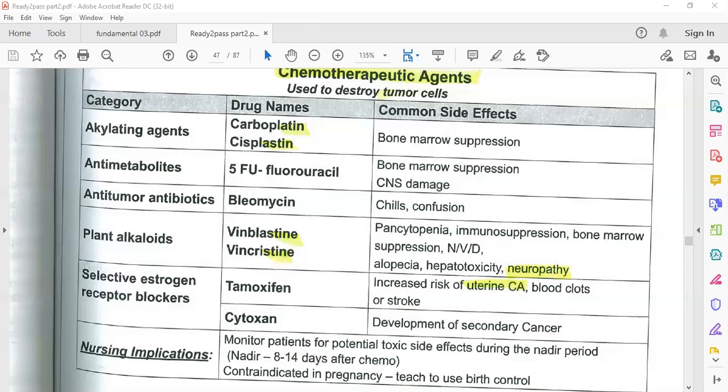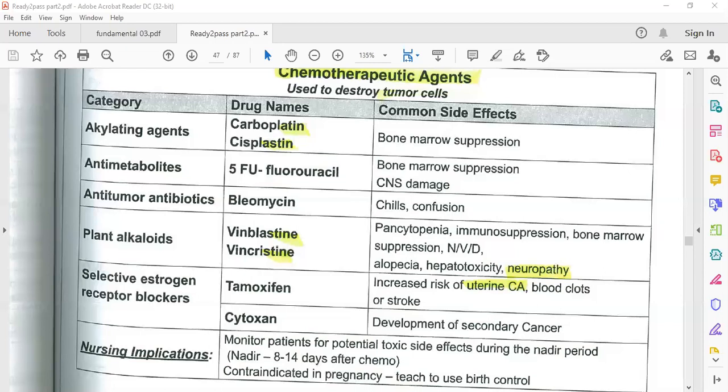So cyclophosphamide is an antineoplastic agent, also an immunosuppressant agent. So what is the basic information we need to know for the NCLEX board? First of all, cyclophosphamide. There are so many indications of cyclophosphamide.